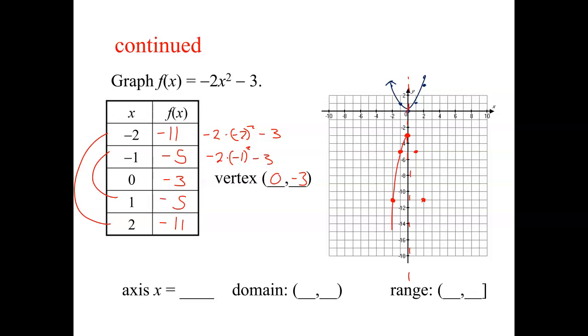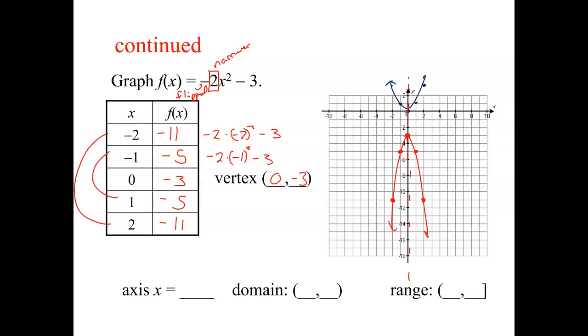And then there's my new parabola. See how much narrower it is? Okay, so we made it narrower. That was the effect of the 2. That made it narrower. And then the negative is what flipped it and gave us that reflection. So we flipped it upside down and moved it down 3.